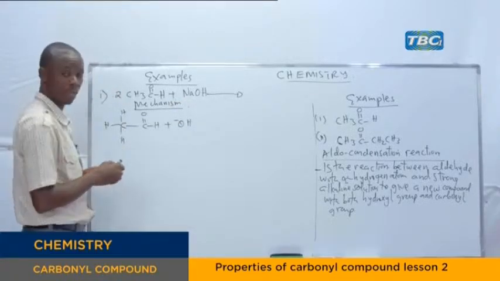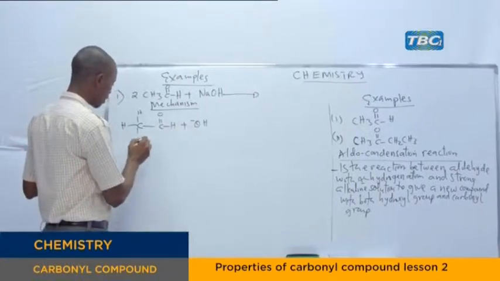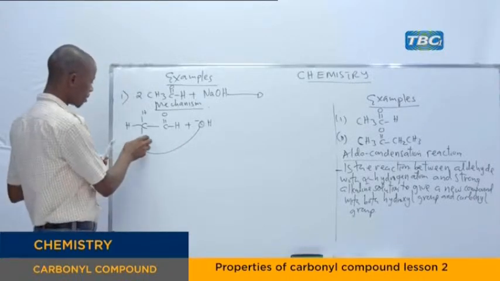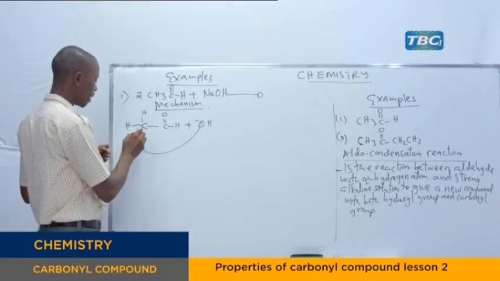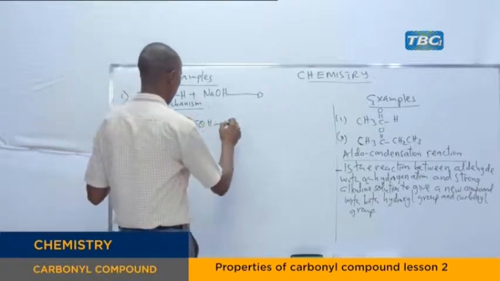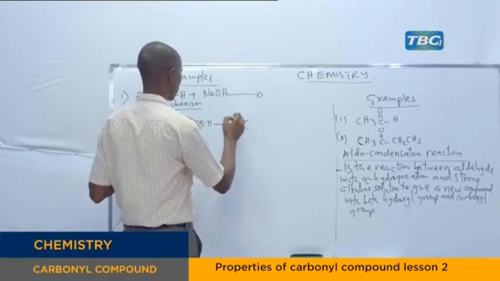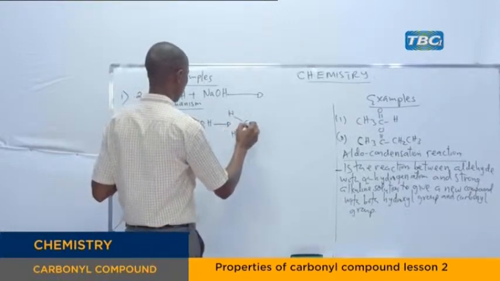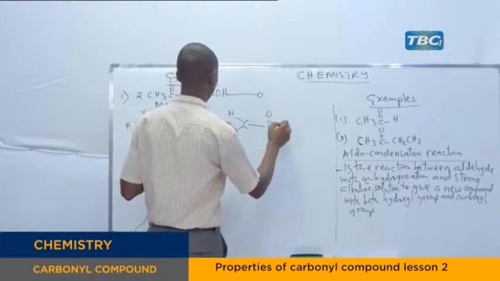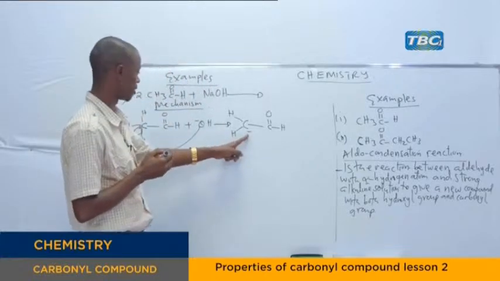Now, what will happen? This hydroxide group will attack this proton here. And when this is taken, this bond will break, the electron will come to this carbon atom. Therefore, we are going to have this one. This carbon will be negatively charged.